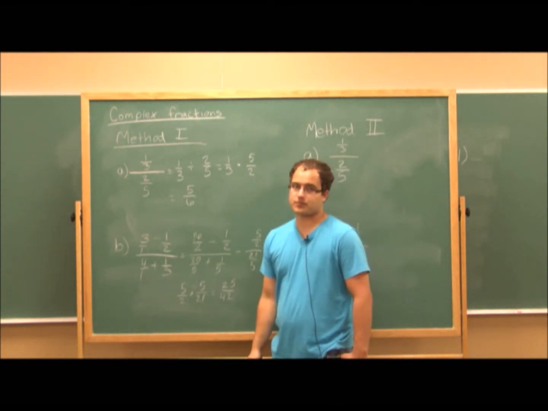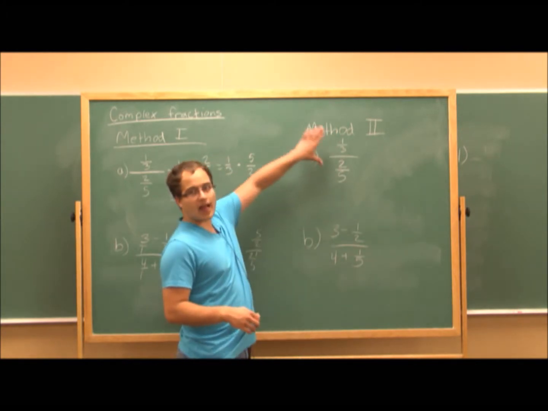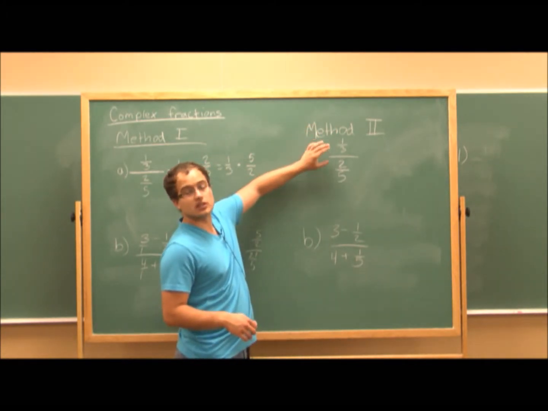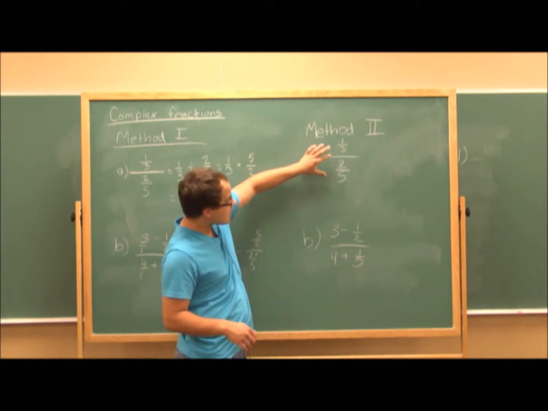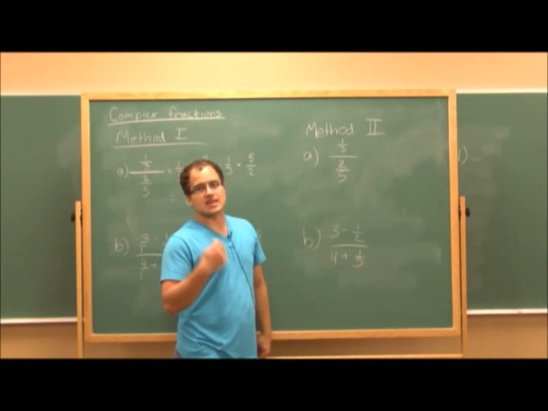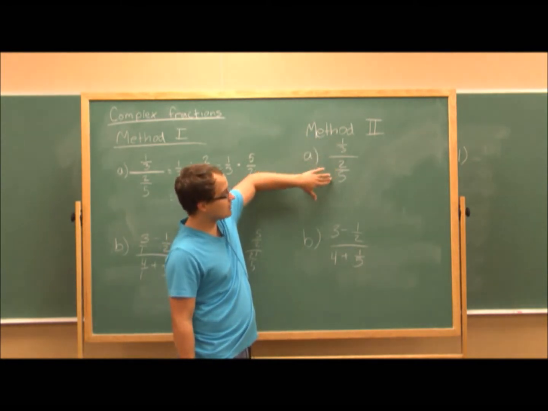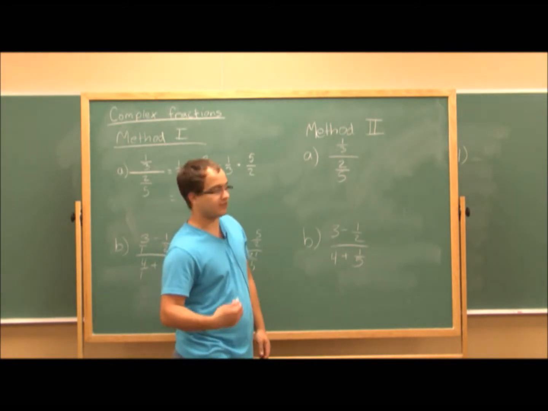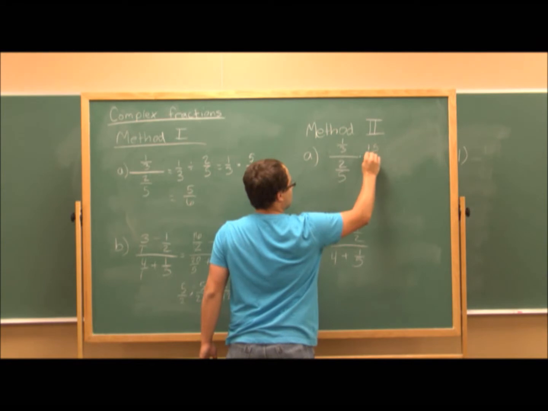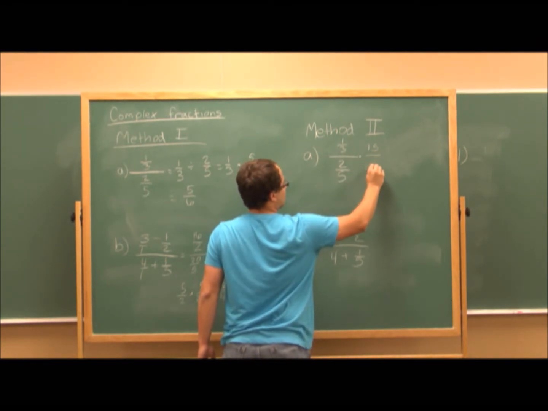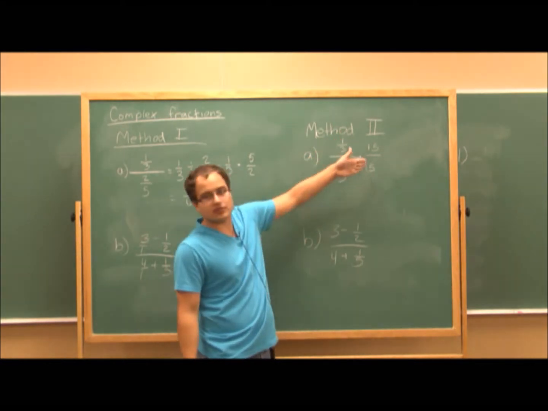little longer. Now what method 2 does is you take the LCD of all the fractions, you multiply the numerator of the big fraction and the denominator of the big fraction by the LCD. So if I look at A, the LCD between 3 and 5 is 15. So I'm going to multiply the top by 15 and the bottom by 15. As you can see, by doing this, 15 over 15 is 1.